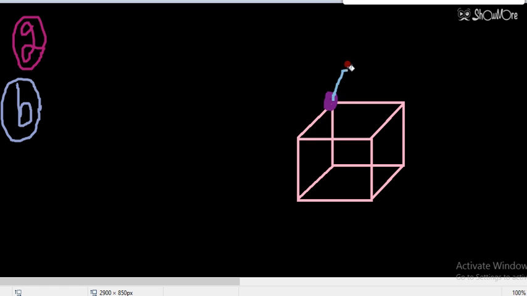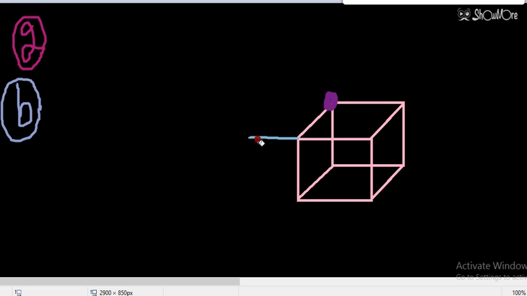Firstly, 1 cube will be required in this way. 1 cube will be here, and 1 cube will be there. You can easily see 1 cube will be required on this side.